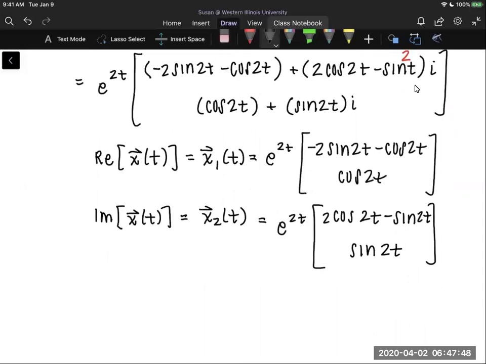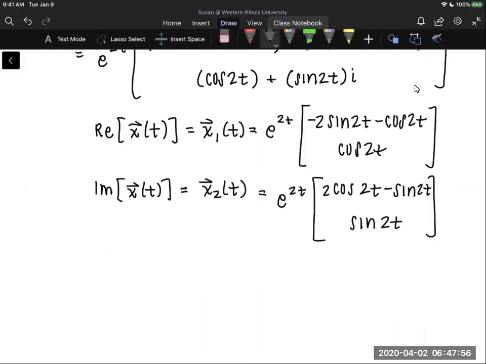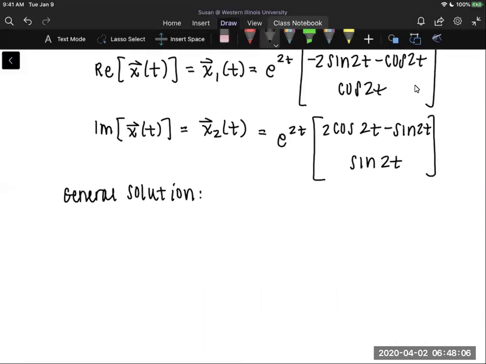All right, so we have our two individual solutions. And now we can write out our general solution either in vector form or scalar form. So for our final answer, here is our general solution. I'll write out the vector solution first. Well, first, let me just remind you guys, the general solution is always C1 x1 of t plus C2 x2 of t.